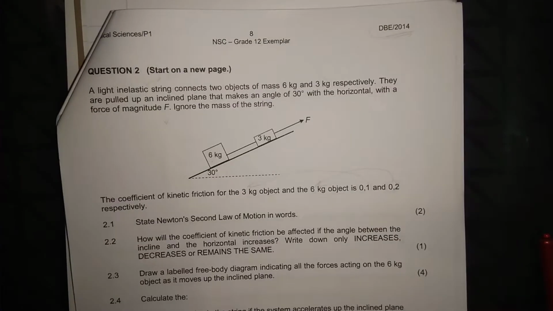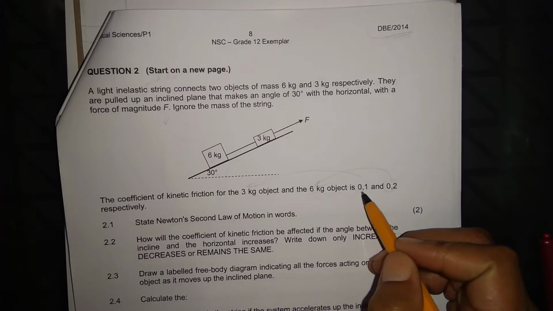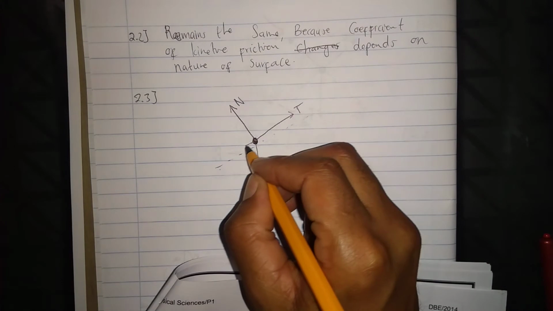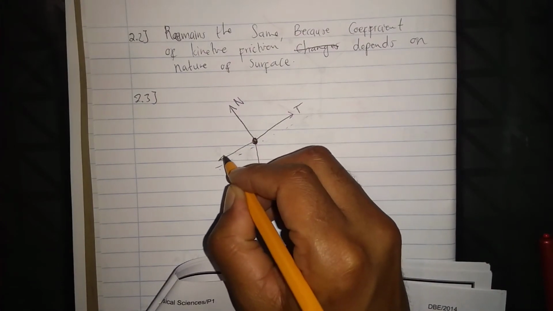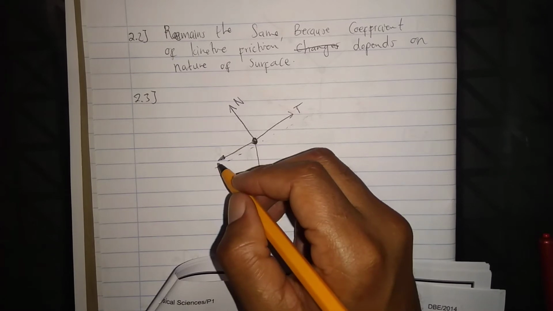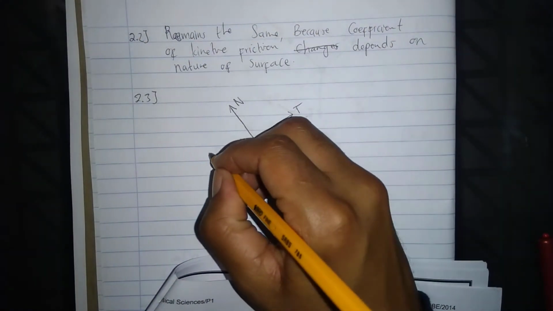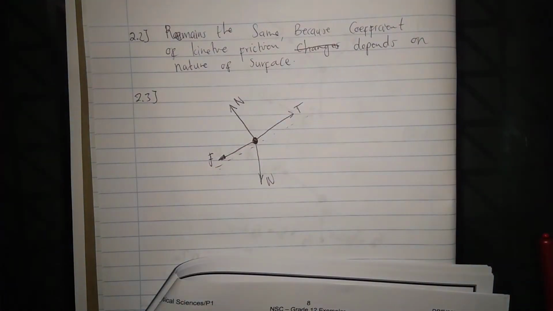Since there is a coefficient of kinetic friction, which is not 1 but less than 1, it means we will have friction. Once you have a coefficient of kinetic friction, it means there is friction. So the fourth force is the frictional force.